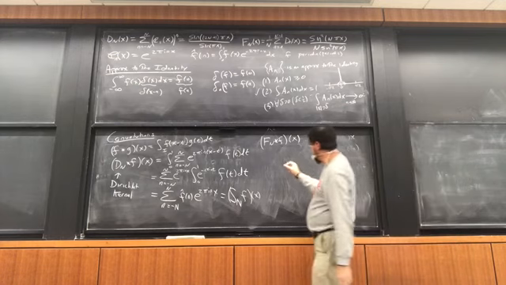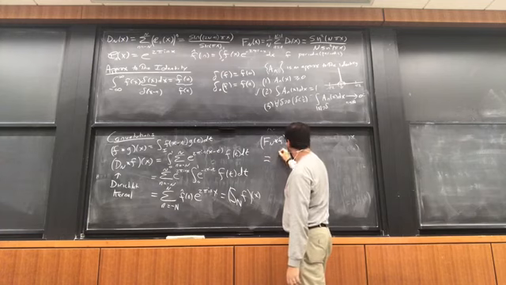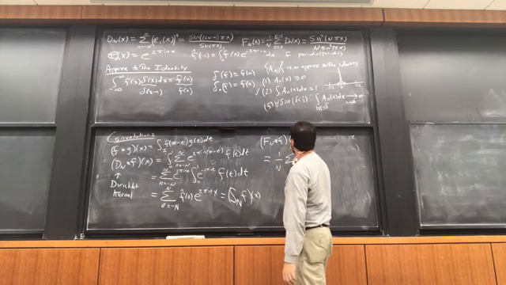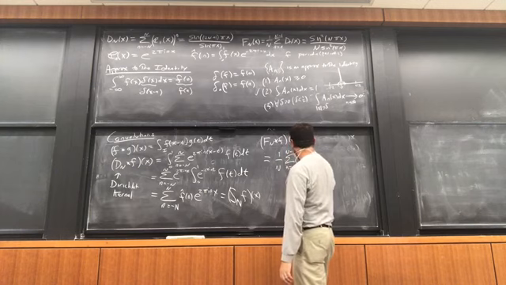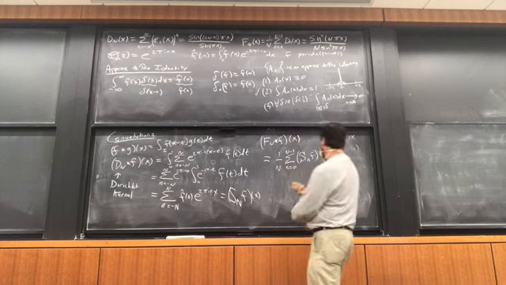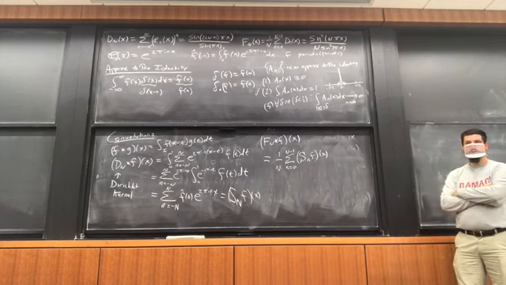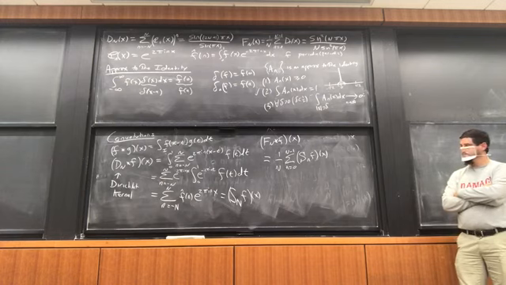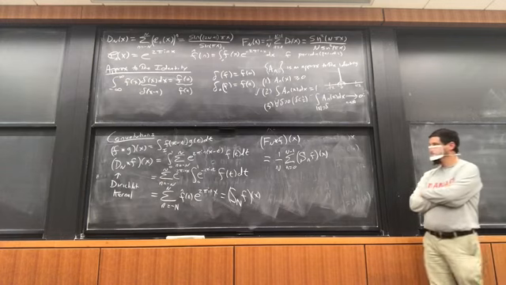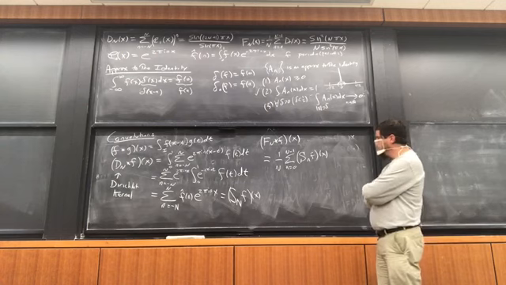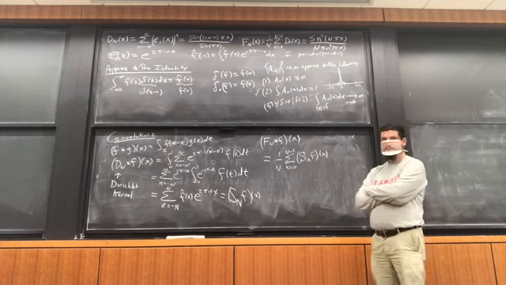Can you accept that this should just be 1 over N, the sum, n goes from 0 to N minus 1, of S_n of f? Yeah, the integral doesn't really matter. So that's one way to look at what we're going to have.